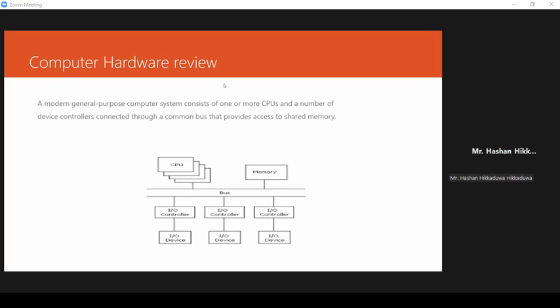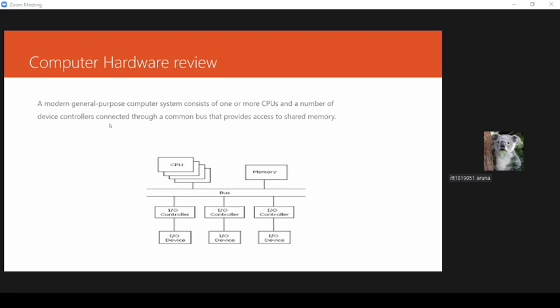If you didn't ask any questions, then I will go to the computer hardware review. A modern general purpose computer system consists of one or more CPUs and a number of device controllers connected to a common bus that provides access to the shared memory.